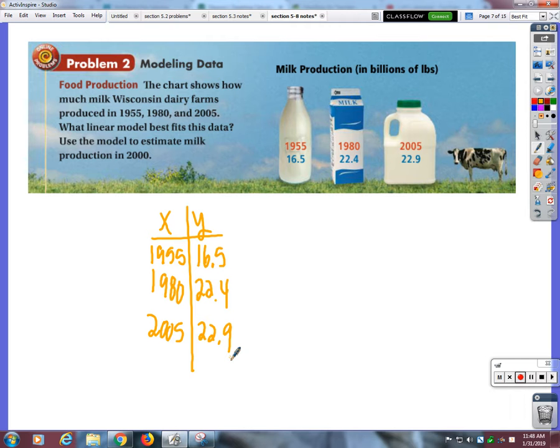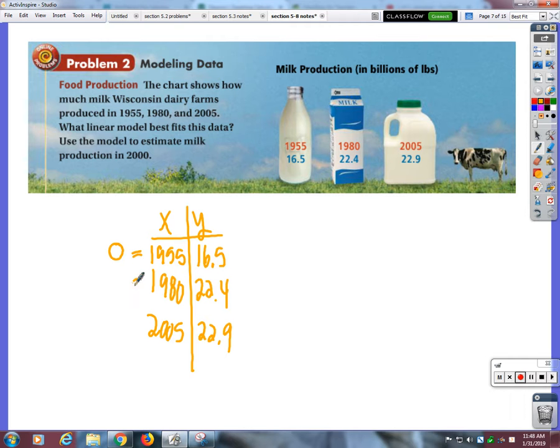Now, when we're dealing with real-world data that comes in terms of years, we're going to change the way we enter the data just a little bit. Instead of entering 1955, I'm going to enter that as year 0. It makes the numbers that you get for the equation way better.